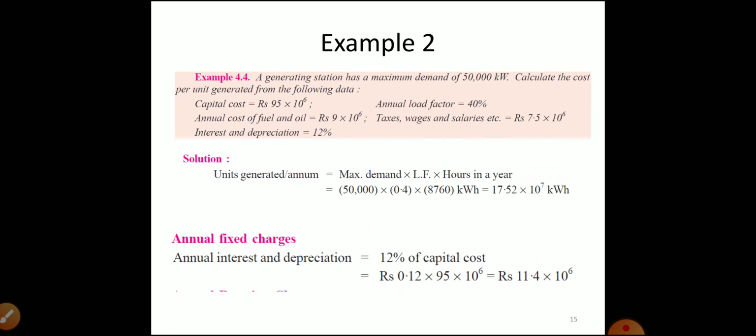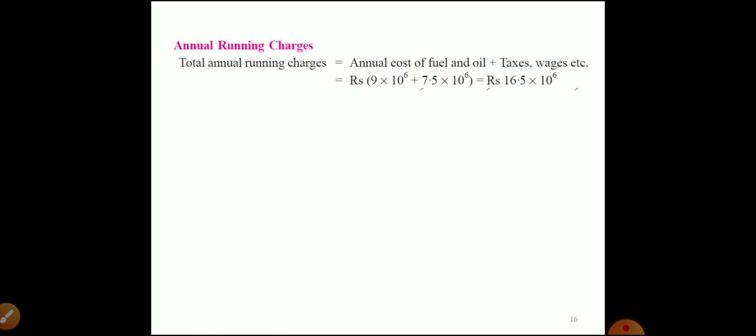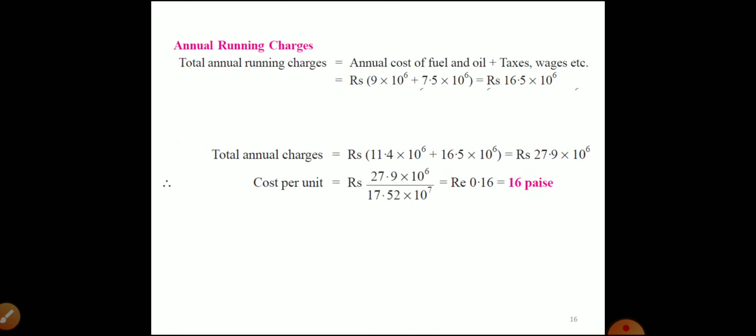Annual fixed charges are 12% of the capital cost. Capital cost is how much? That is 95 into 10 to the power 6. So 12% of this will give us 11.4 into 10 to the power 6. Annual running charges: here running charges is the annual fuel cost plus taxes and wages we have considered.